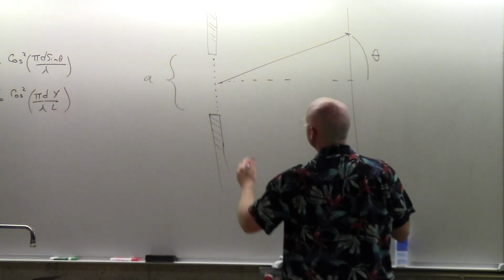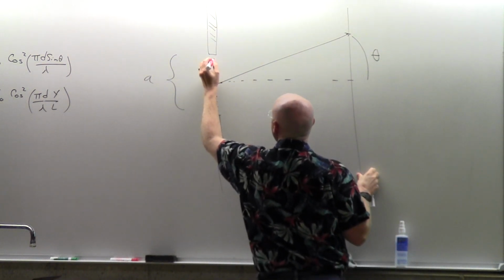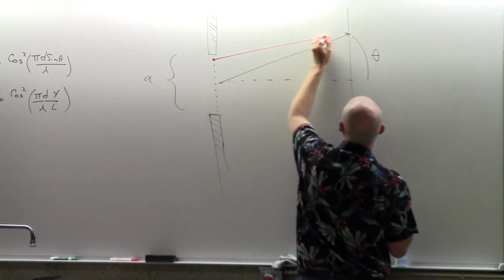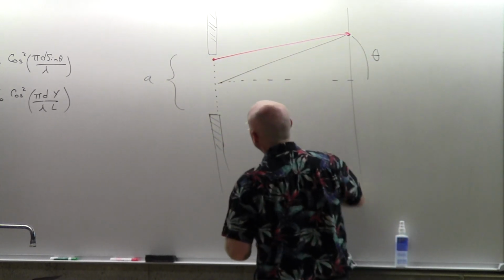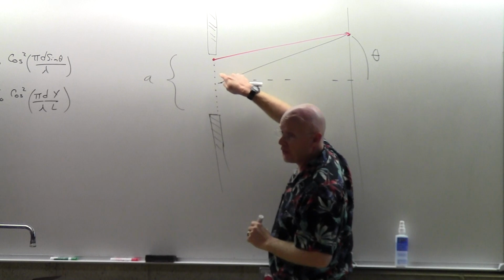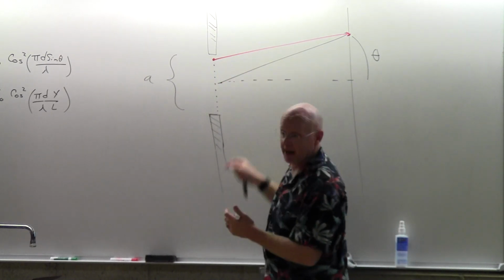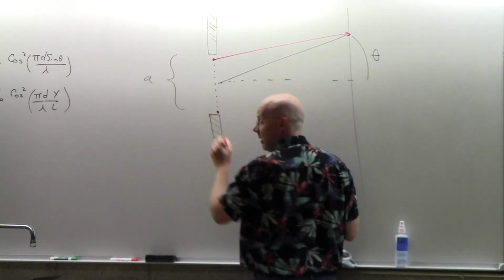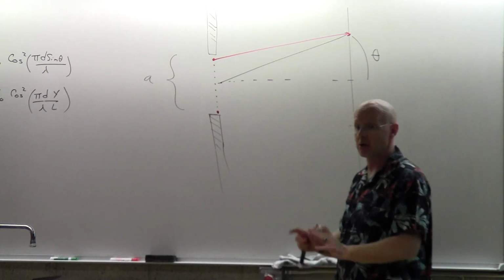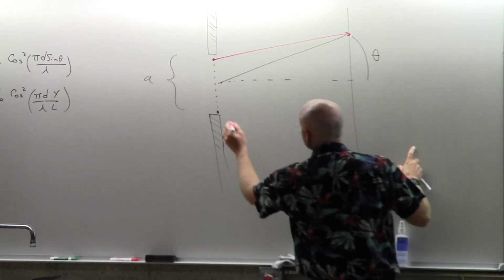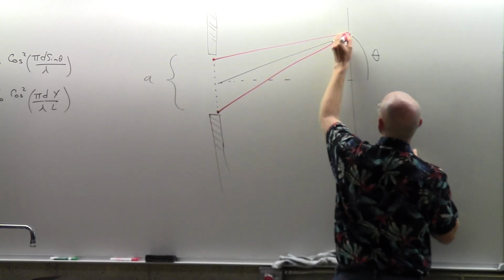But I do want you to see that one of the rays would be coming from this edge, and it would hit here. There would be a second, a third, a fourth, a fifth, a sixth. And to do this technically correct, there would be an infinite number before I got to the last one. So I get to this last one, and this last one would shoot on up there.